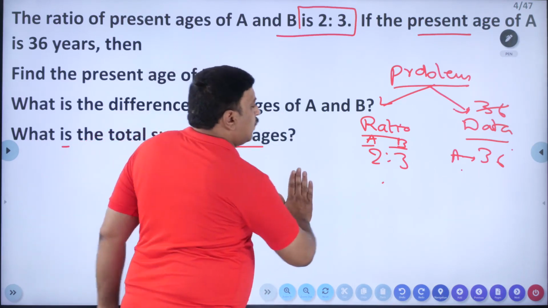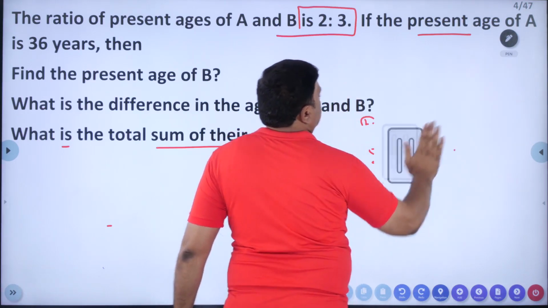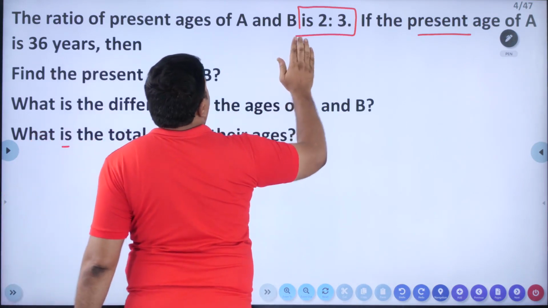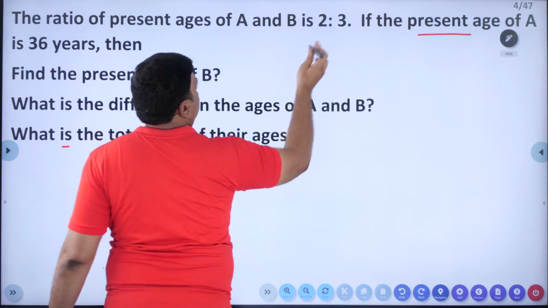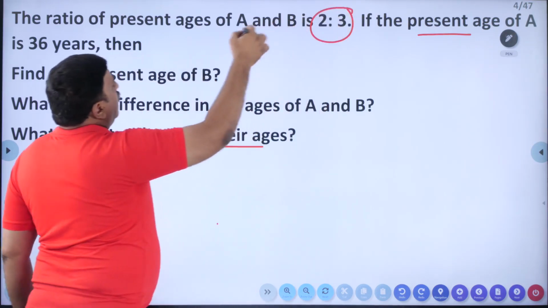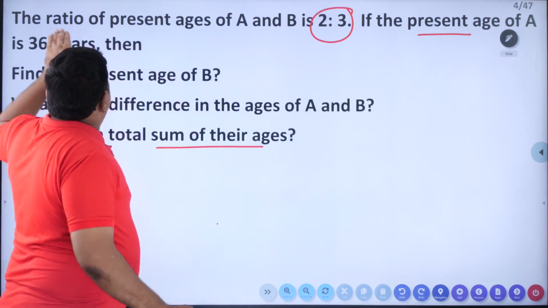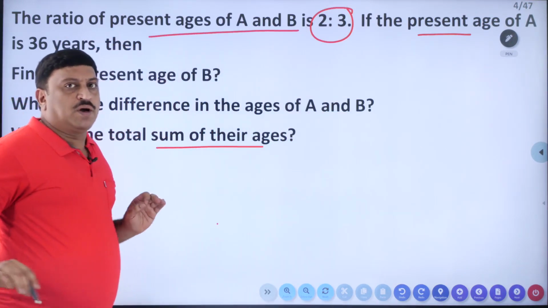Right? Okay. Now let us start. What is the ratio given? See, the meaning of ratio, this 2:3, first of all, let me explain. What do you mean by 2:3? The ratio of present ages of A and B is 2:3 means what?